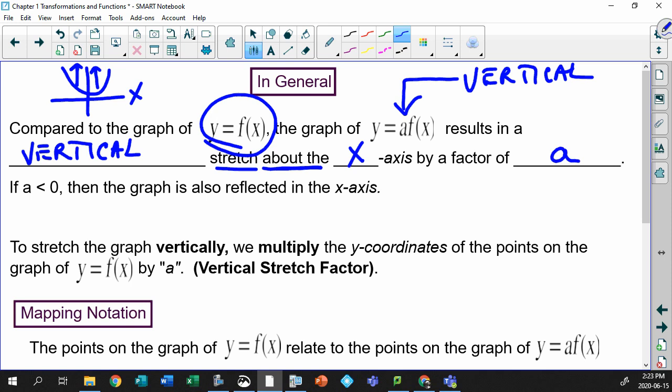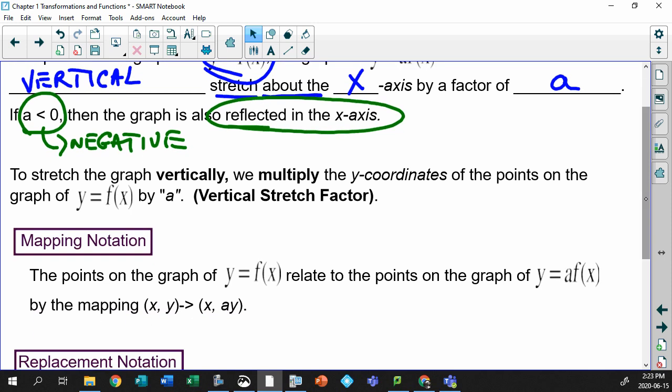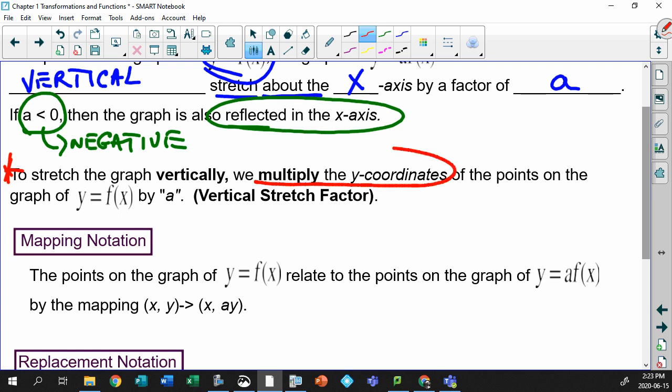Well, that's cool. But what happened when a was negative? Remember, when this was a negative value, we also remember that it was reflected in the x-axis. That's what's really, really important here. Okay, so basically, to stretch anything, all you have to do is multiply the y-coordinates.